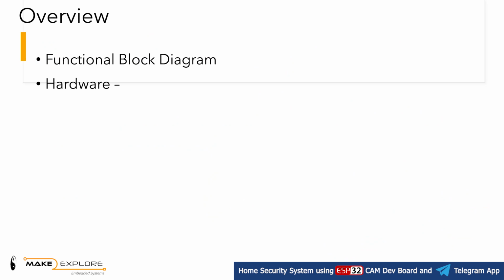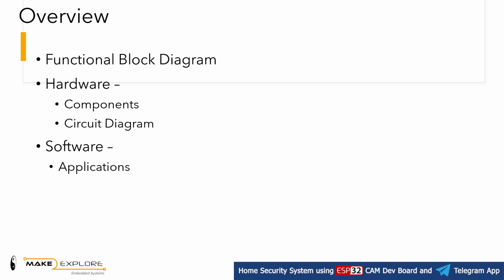Now let's see an overview of what we will be covering in this video. We will first see the functional block diagram of this project. Then we will see what hardware is included in this project, like components. After that, we will see the schematic, meaning the circuit diagram of this project. Then next we will see the software part. In the software part, we will see about apps like Telegram, which we are going to use in this project.